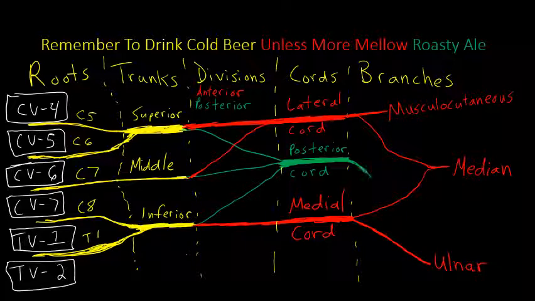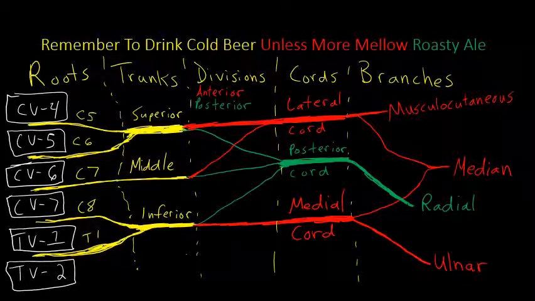So the radial nerve travels down the posterior of the arm, where it will excite the extensors of the elbow joint, the triceps brachii, then continues into the forearm on the posterior side and on the lateral region of the forearm near the radius, and the radial nerve will excite extensors of the wrist and fingers.